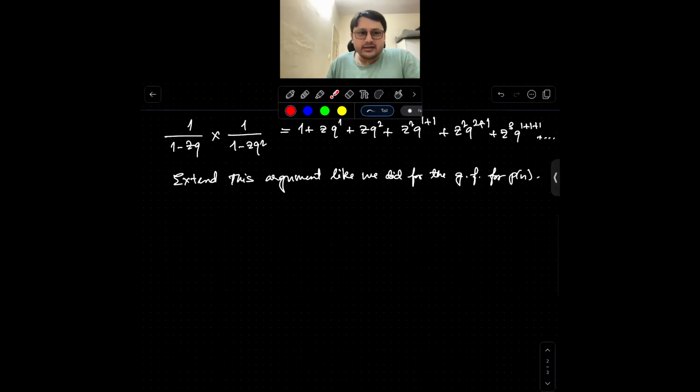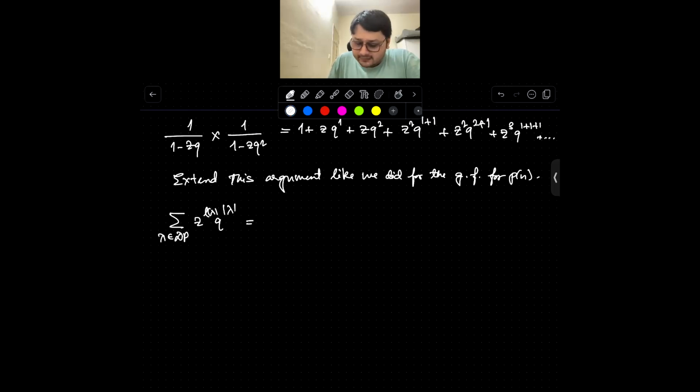Now from here it should be clear what the two variable generating function for the distinct parts partition is. Okay, so if you look at the distinct parts partition, what we want is the following. We want z raised to the power l of lambda, q raised to the power norm of lambda again, but this time the lambda is coming from the distinct parts partition.